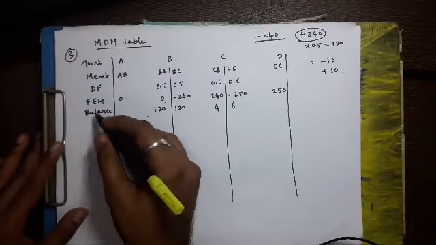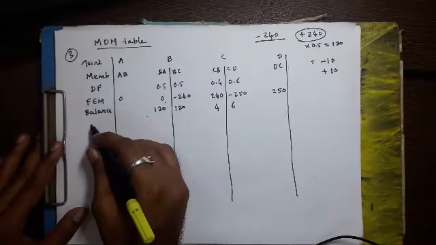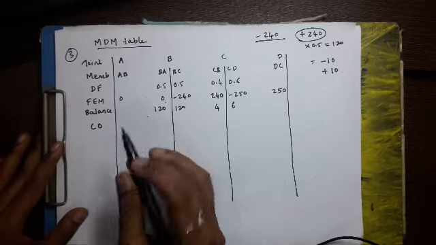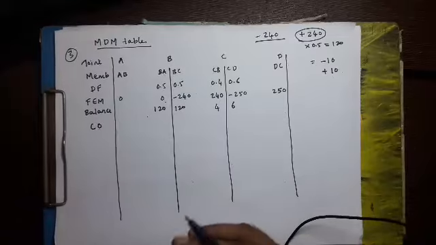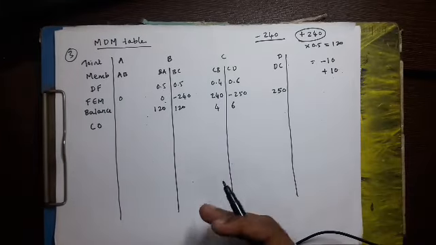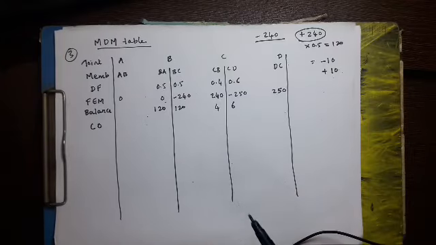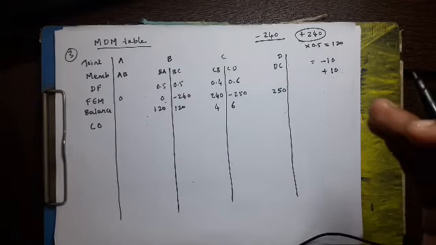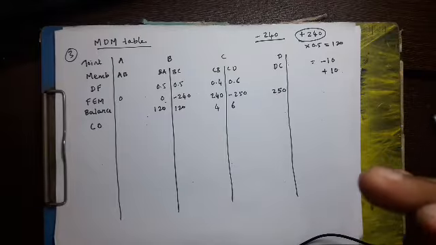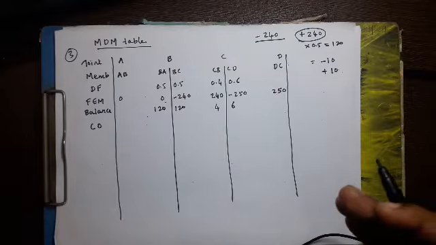After the balance step, we have a step called carryover factor. Carryover factor means when you apply some moment, if the far end is fixed, half of the moment is developed at the far end.